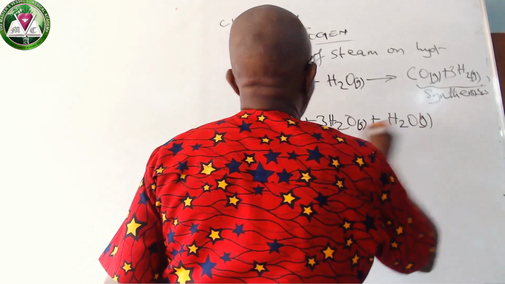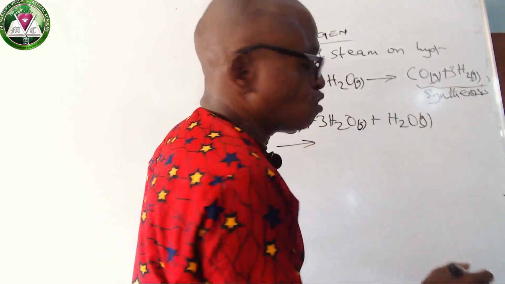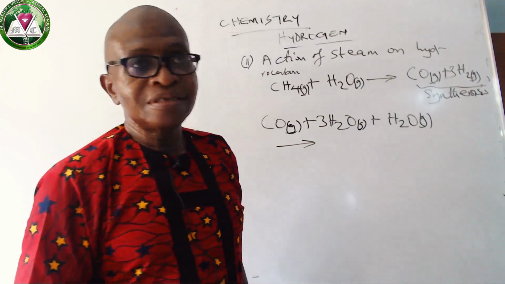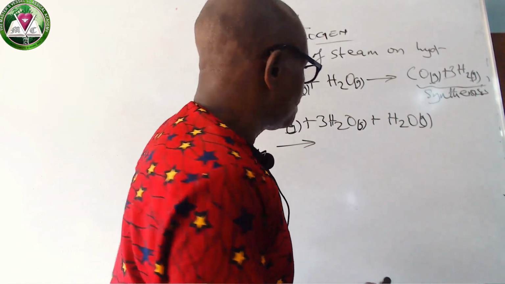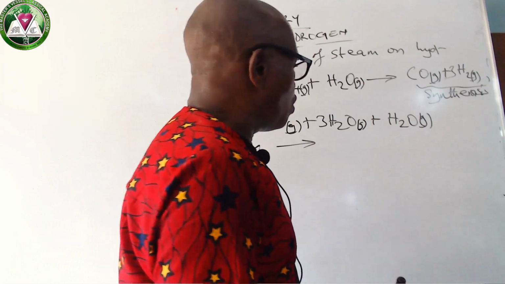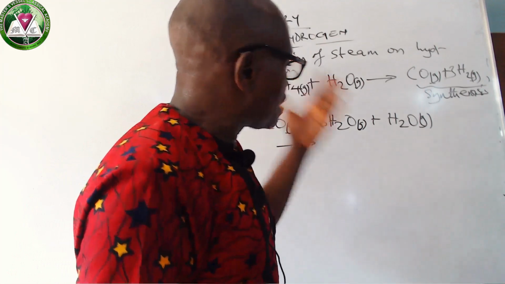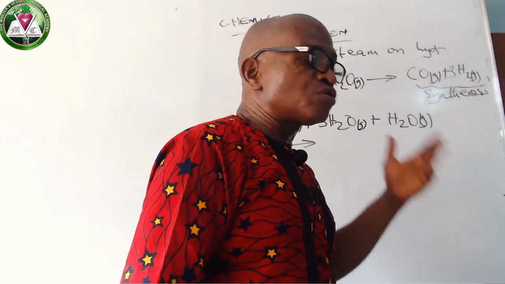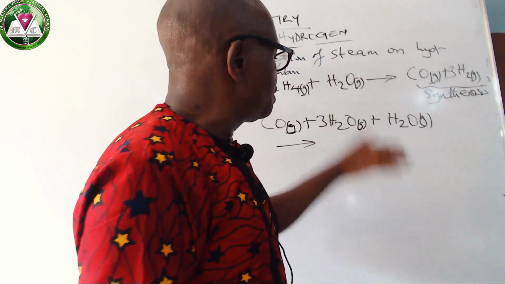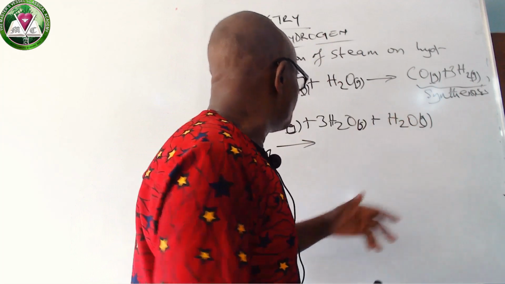Remember that whenever I'm writing steam, I usually put G after H2O. If you just write H2O, it's not representing steam. If you write H2O, you are referring to water. But if you put the G, it means that you are referring to steam.